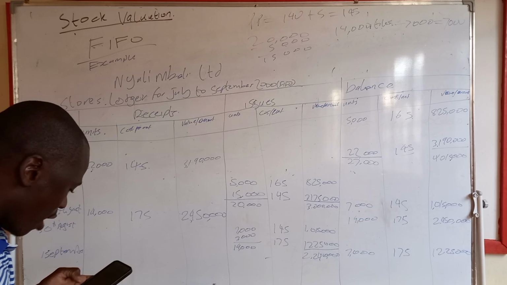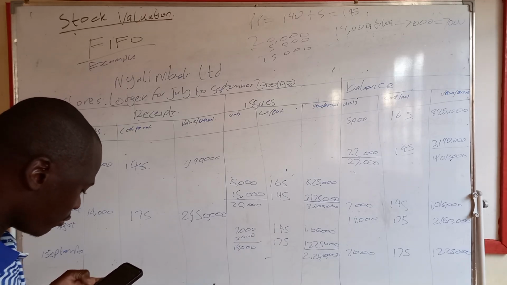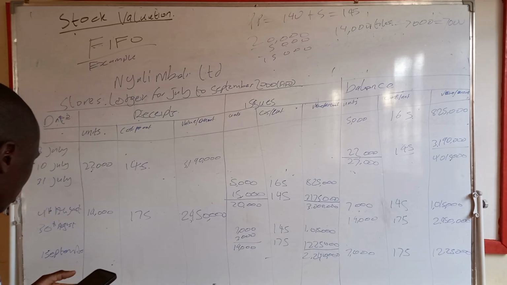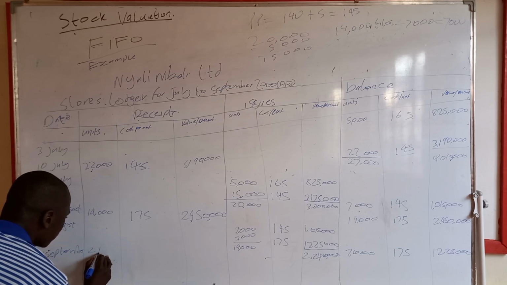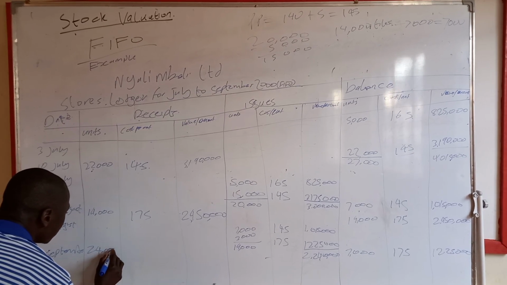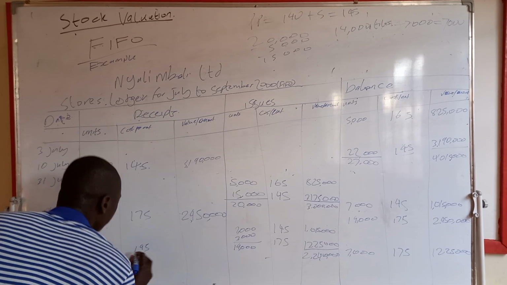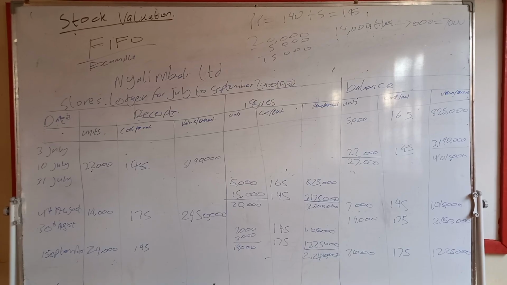A further 24,000 tiles were purchased at a cost of shillings 195.